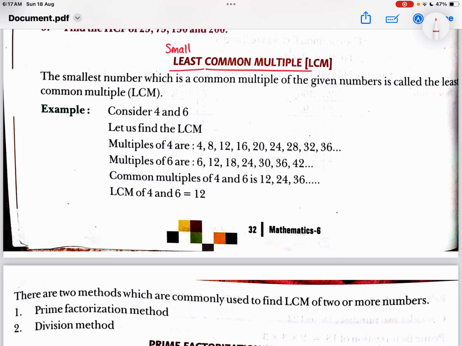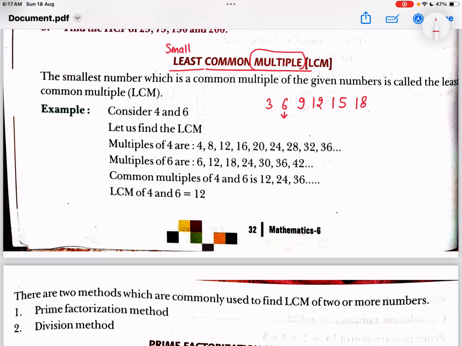So what is a multiple and what is a factor? If I talk about the table of 3, 3 2s are 6, 3 3s are 9, 3 4s are 12, 3 5s are 15, 3 6s are 18.